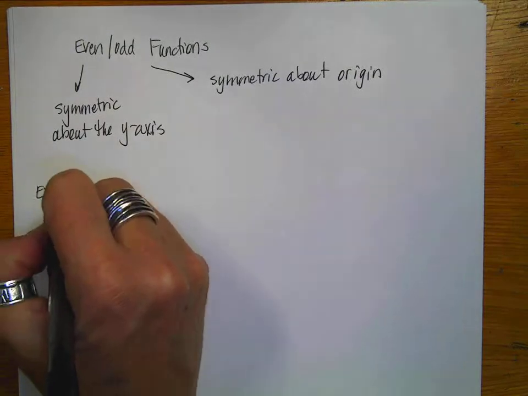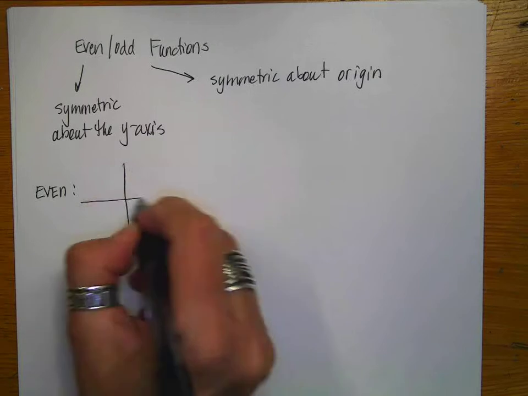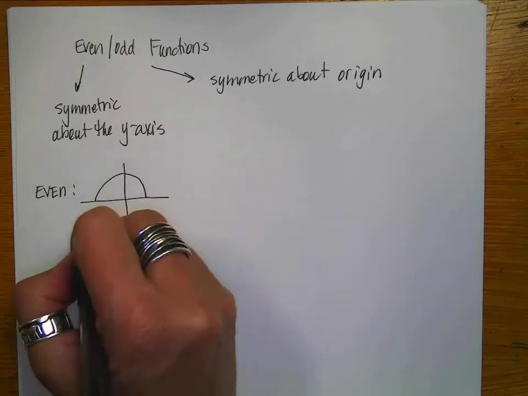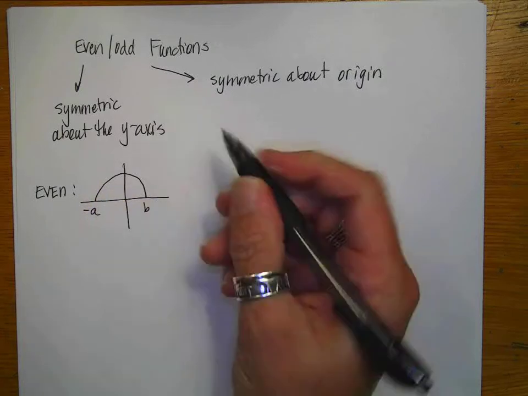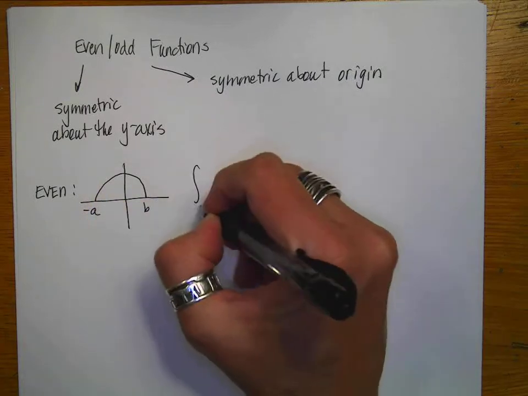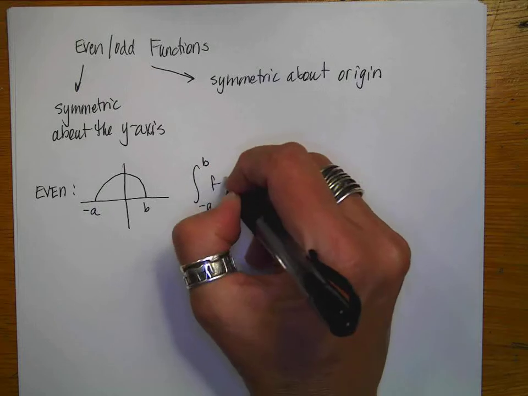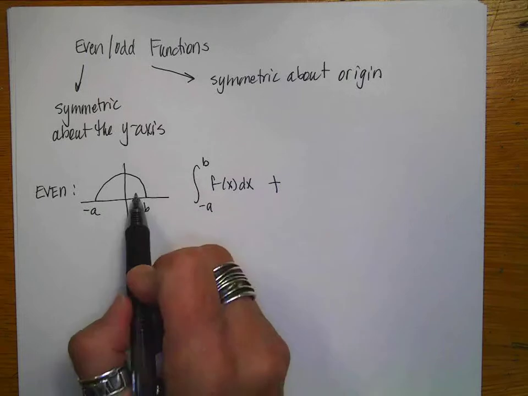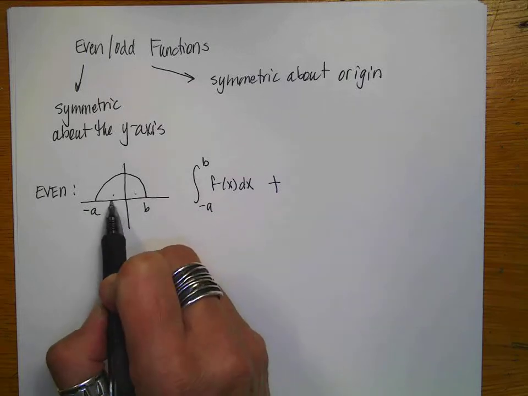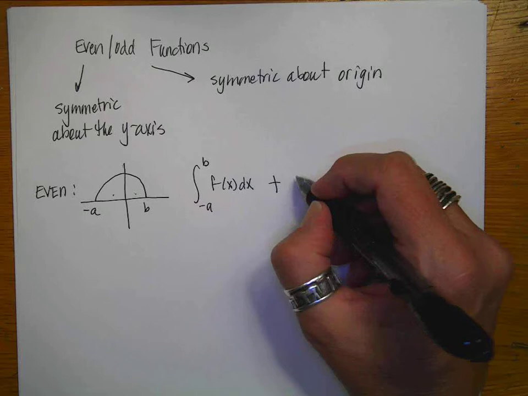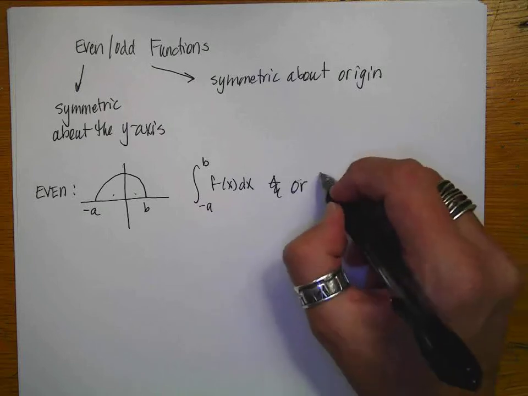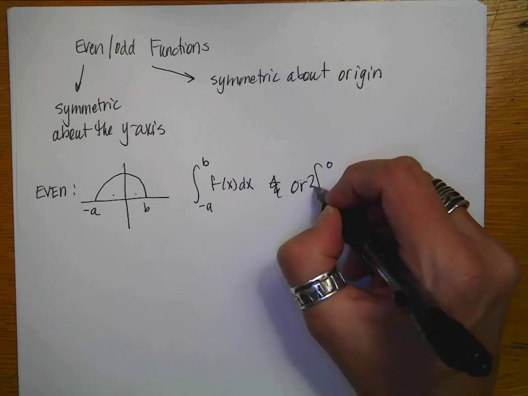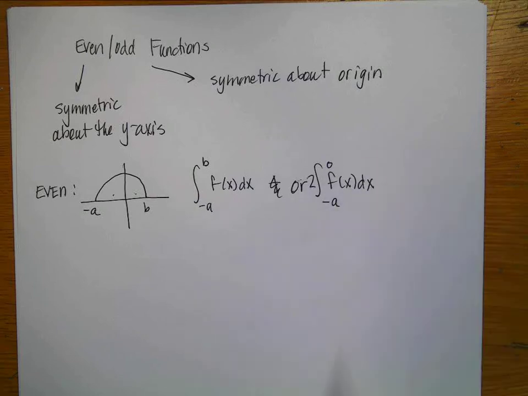So let's look at an even function, okay? If I had maybe the top half of a circle, and that's a circle, so in theory it's symmetric, so you just have to ignore my crappy drawing, I could integrate from negative a to b of f of x dx, or because this is symmetric, which means that these two areas are the same, I could evaluate from negative a to 0, and I could double it, right?